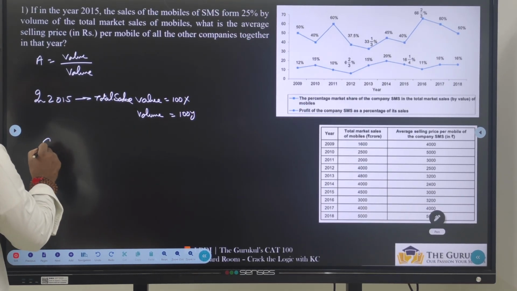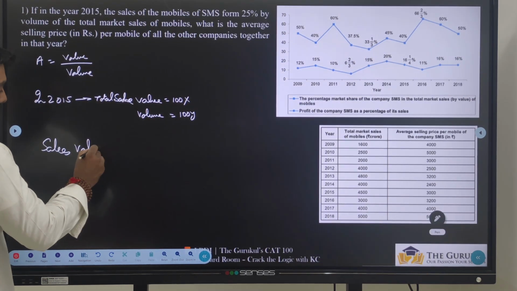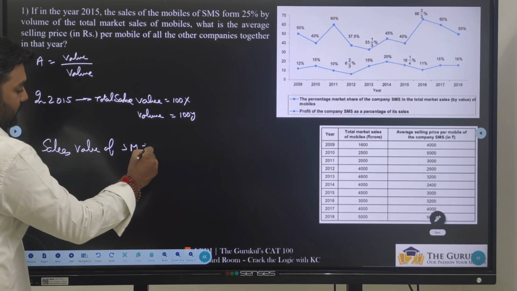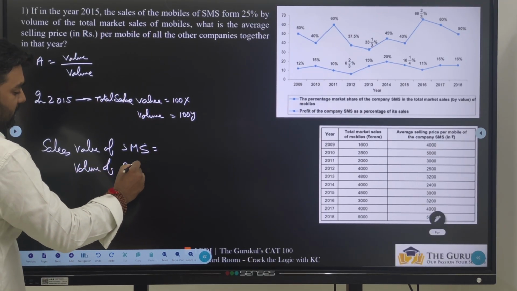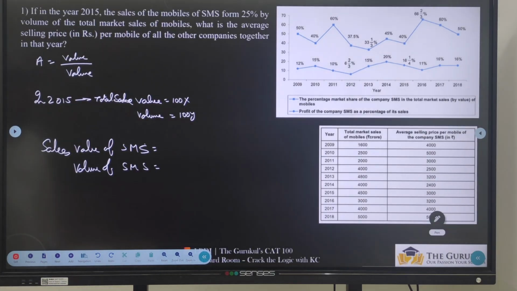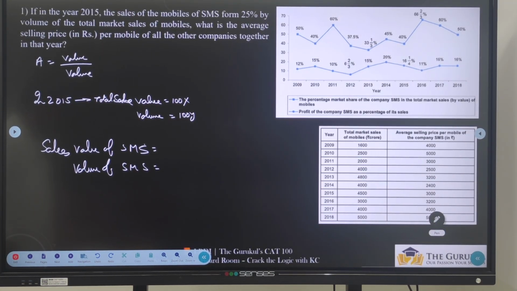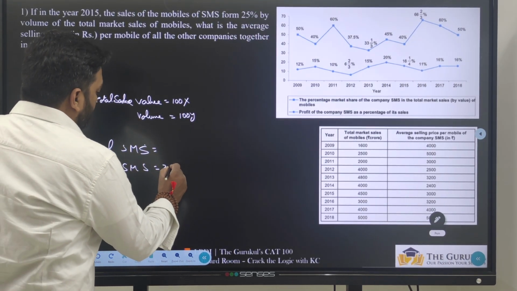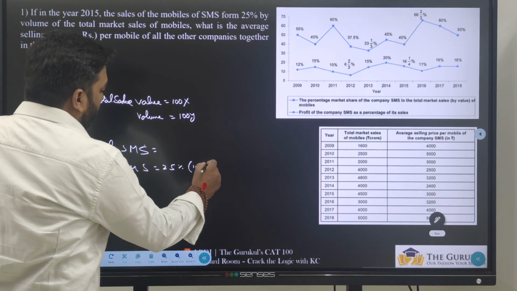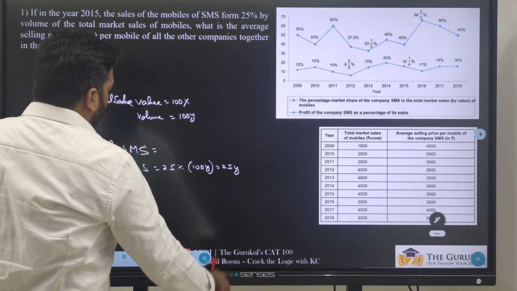So what is the sales value of SMS, and what is the sales volume of SMS? These two we need to write first. Value will be whatever is given over here, that is 25, and volume is whatever is given here, which is 25%. Now 25% of what? Of the volume. So volume is 25% of 100y, which is 25y.